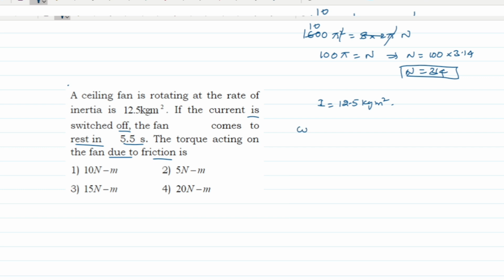So initial angular velocity here it will be, the fan comes to rest in 5.5 seconds is given. Current is switched off. So here omega final value, omega initial value you can take.